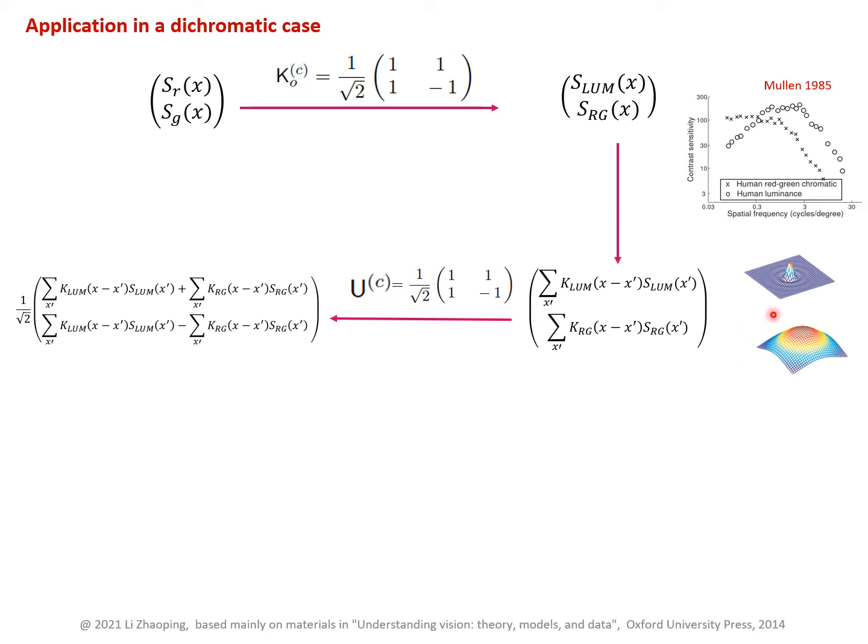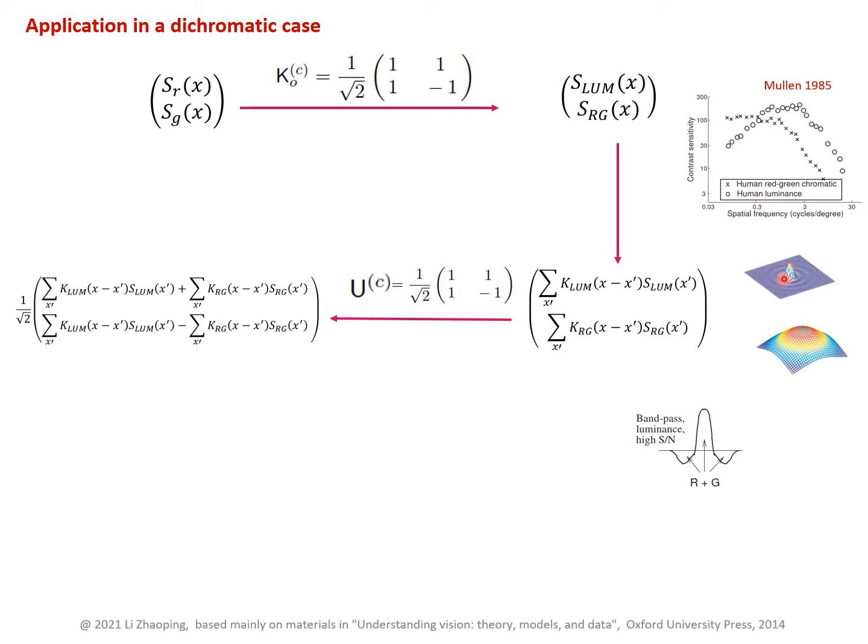Now let's look at it in more detail. First of all, I'm going to copy this receptive field to this one-dimensional simplified form. Just take a cross-section, where space is along the horizontal axis in a one-dimensional retina. So the center-surround receptive field in one-dimensional space becomes this one. Red plus green, because this is for the luminance channel.